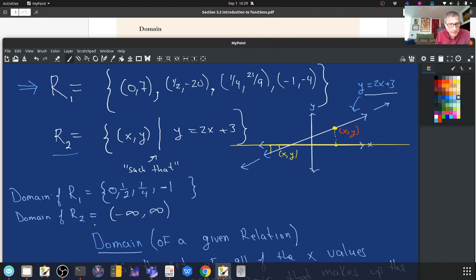Another way to say the domain of R2 is the real line. Means all real numbers. Another way to say that is all real numbers.